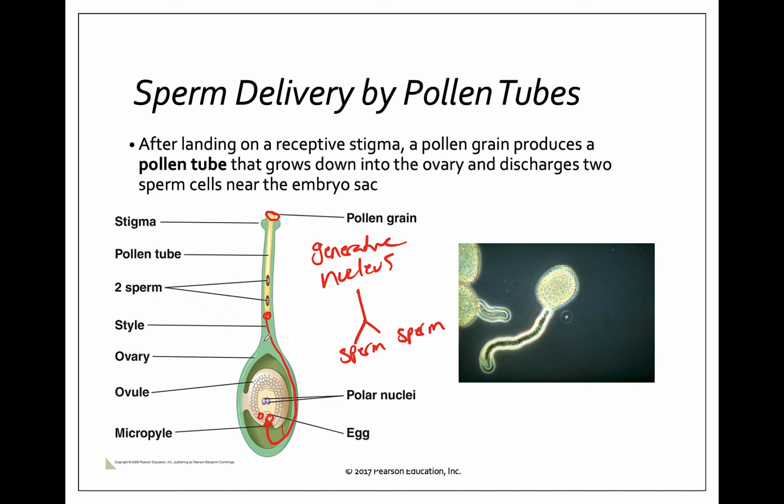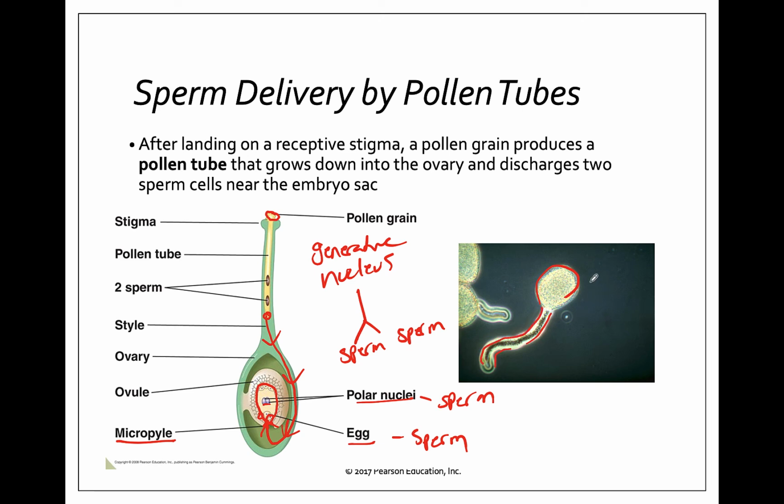So both of those sperm are going to travel all the way down here until they get to the micropyle, which is the opening in the bottom of the female gametophyte. So you can see here's the embryo sac that we just looked at, and those are those 2 polar nuclei and the egg. And each of these is going to get fertilized by a sperm cell. Over here, this is a pollen grain, and this is a pollen tube growing out of that pollen grain under a microscope.